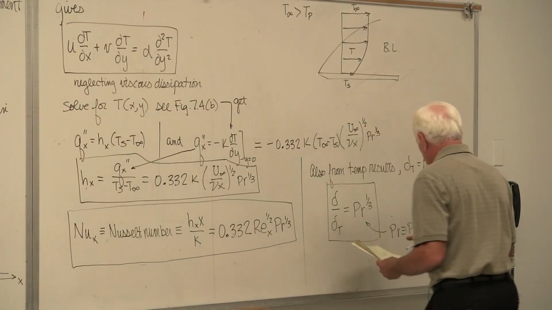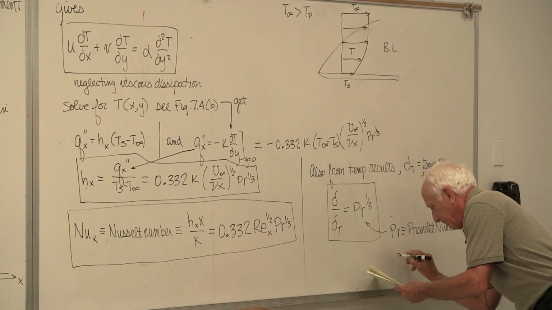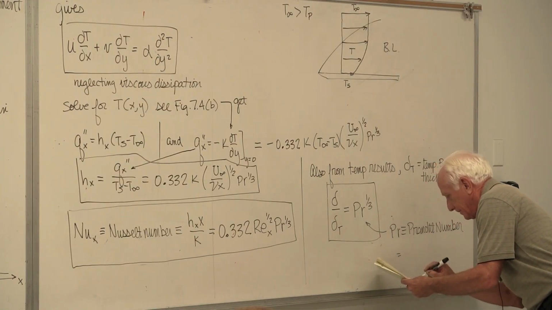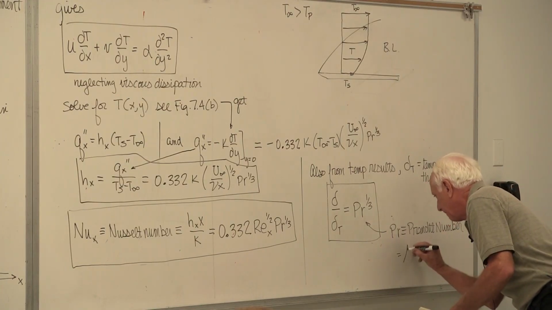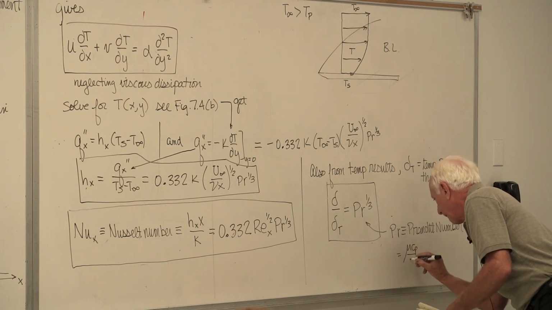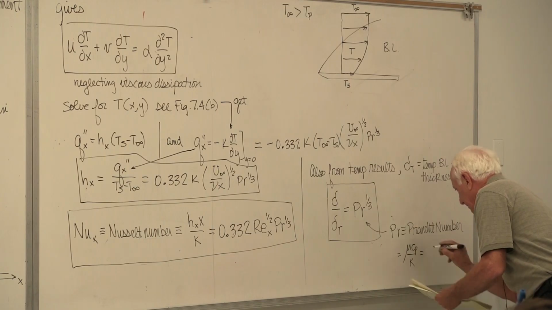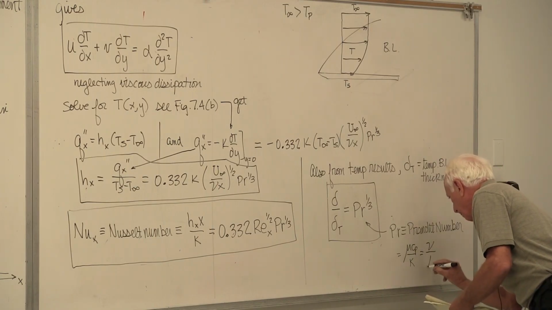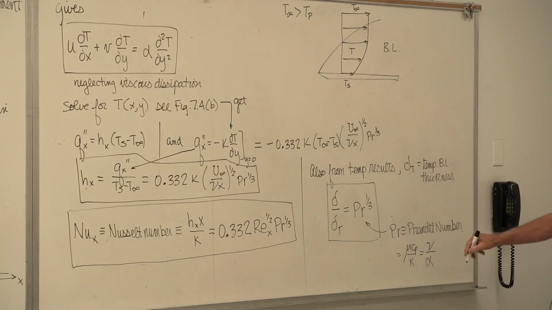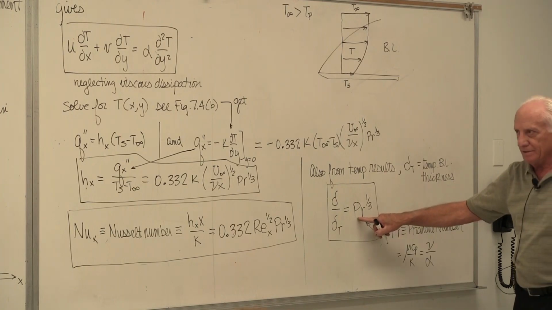My Prandtl number, 2 ways to write it. We'll do it this way first: mu Cp over K, which is also equal to nu over alpha. Isn't that interesting? The ratio of nu over alpha is defined as a Prandtl number, and it appears right here.